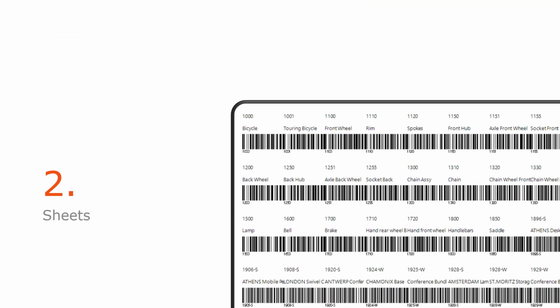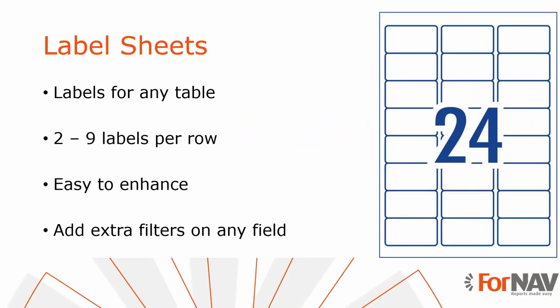The second one is where you have the case with label sheets. Label sheets is where you buy A4 or letter size pieces of paper where there are, for example, 24 labels on a sheet, divided with 3 labels per row and 8 rows. And we basically create a report that you can reuse that can print anything between 12 and 9 labels per row.